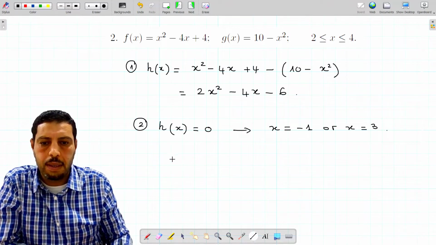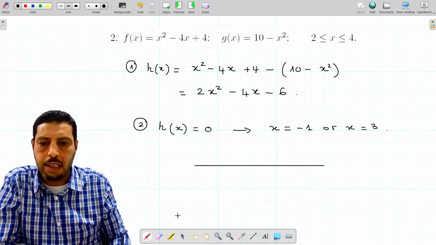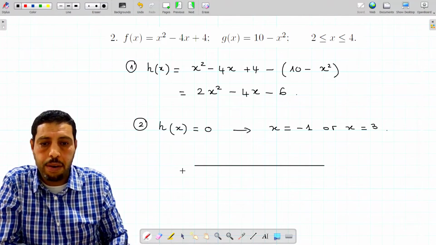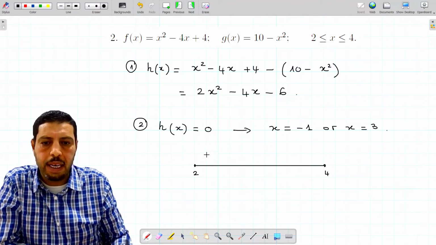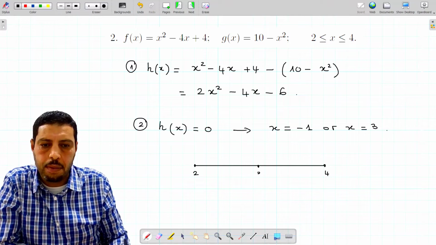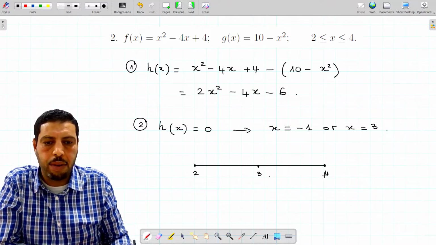Now, you set your interval. The interval is 2, 4. The minus 1 is outside, so we don't take care about it, and we consider only the 3, and we put it here. And we take test points on the two intervals 2, 3, and 3, 4.